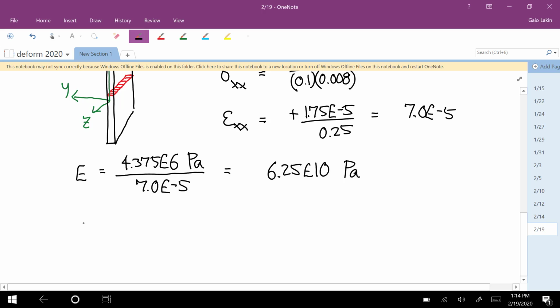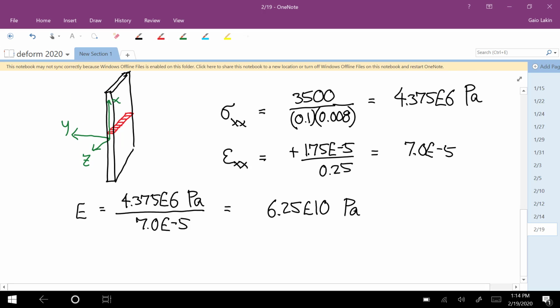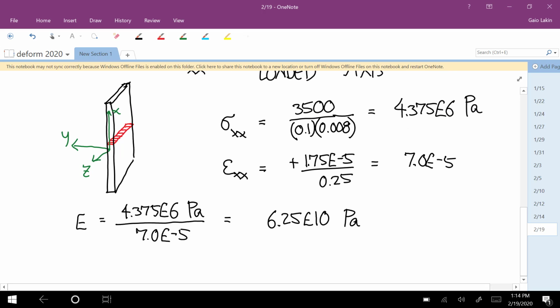And then for the Poisson's ratio, the side that's initially 0.1 meters decreases. So the side that's initially 0.1 meters is our Z side.